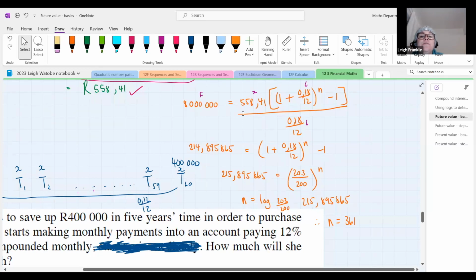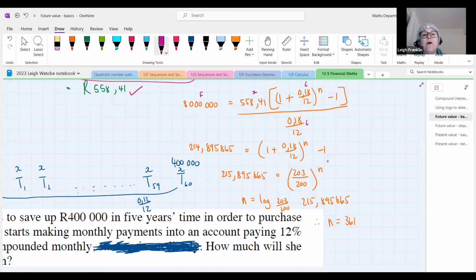Then you've got to divide by the 558,41. So to get this number over here, this is 8 million multiplied by 0,18 over 12 divided by 558,41. That's what this number is.